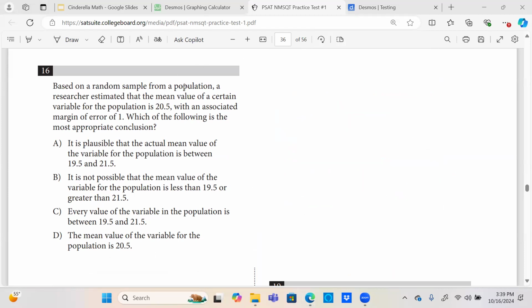We don't know if it's people or animals, but some part of that data, they found out that the mean is 20.5. But they did have a margin of error, or MOE, of 1. So now we'll just look through the choices and see which one makes the most sense.